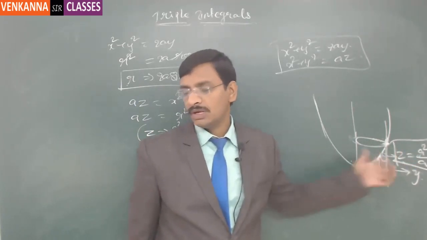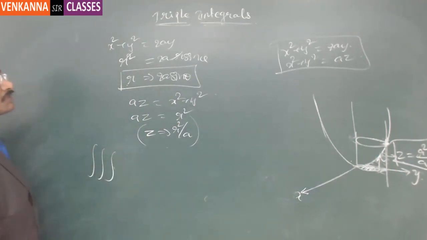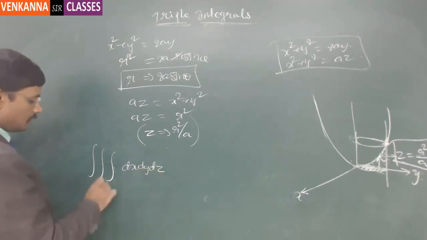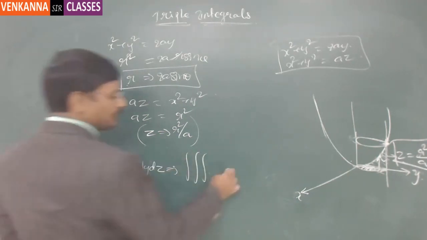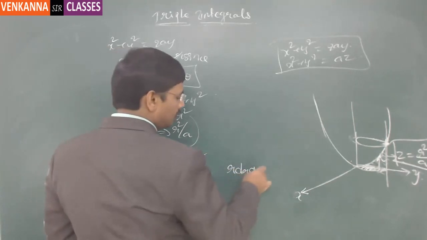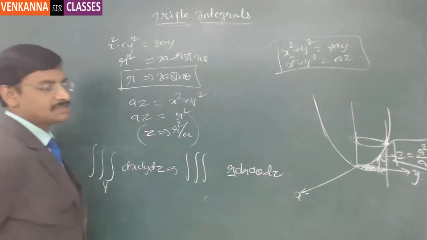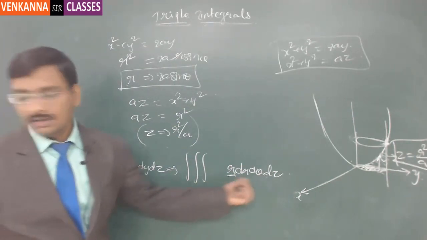Got it? Now here, if you want to find the volume, it is a triple integral. So dx dy dz over the volume is converted to the cylindrical coordinate system, where r dr d theta dz comes. This r comes extra because it is the Jacobian. And then the volume limits are the circle limits.